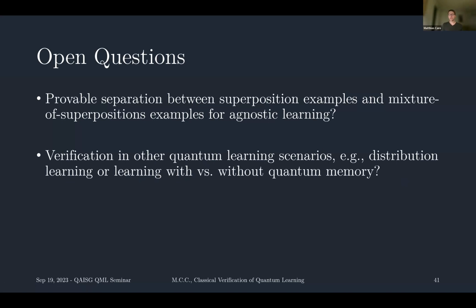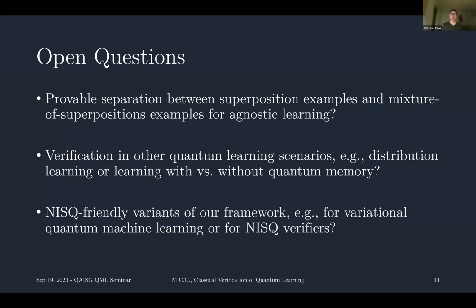And then finally, and maybe the setting that you're most familiar with, is variational quantum machine learning. So one reason why quantum machine learning is so popular these days is that we think it might be NISQ-friendly through these hybrid algorithms where the quantum architecture does part of the work, and then you have a classical optimizer. So one question would be, can you make our framework NISQ-friendly and say something about variational quantum machine learning models?